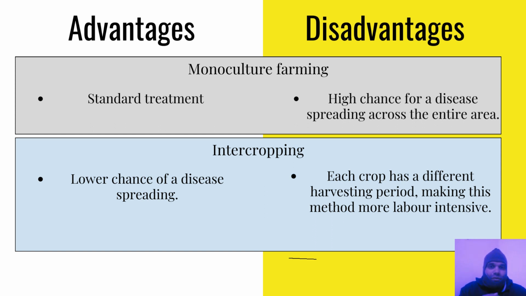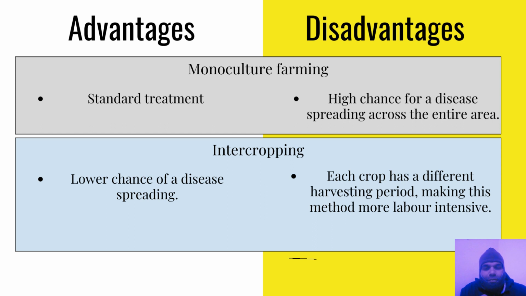On the other hand, with intercropping, harvesting might be complicated because the crops grow into each other. You cannot use machines easily because you have alternating lines of things, so it can become problematic.